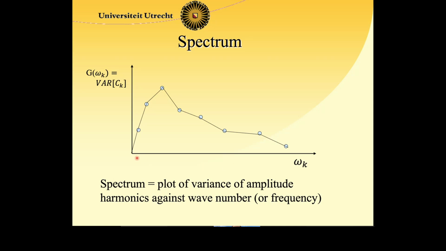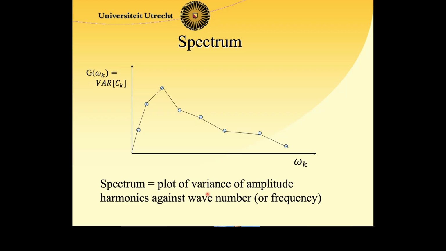So the frequency increases from here to there. These are very low frequency, long wavelength signals, and these are very high frequency signals. And what we plot here against the wave number is the variance of the amplitude of the harmonic with that particular wave number. And as you can see, this forms a certain function, and this function is called a spectrum. It's often denoted by G. So the spectrum is actually nothing more than a plot of the variance of the amplitude of the harmonics against the wave number of each harmonic.